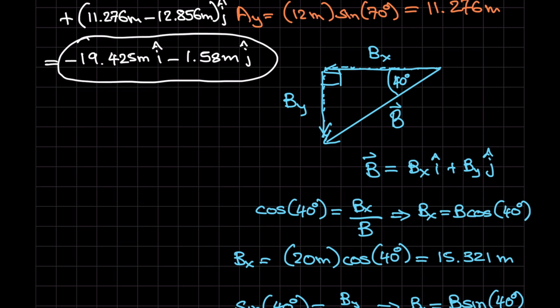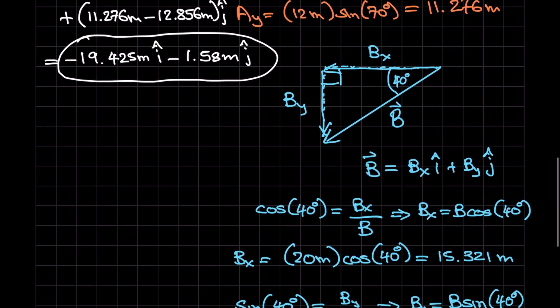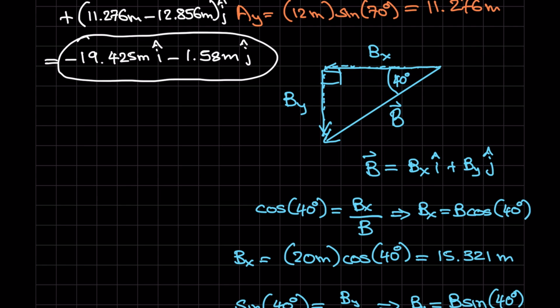So taking the result here, you can look at the vector components and then redraw what R should be. We have a negative component in the x direction. So let's say we're starting right there, moving in the negative direction by 19.425 meters.